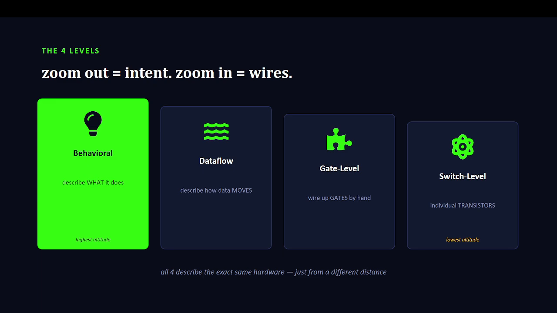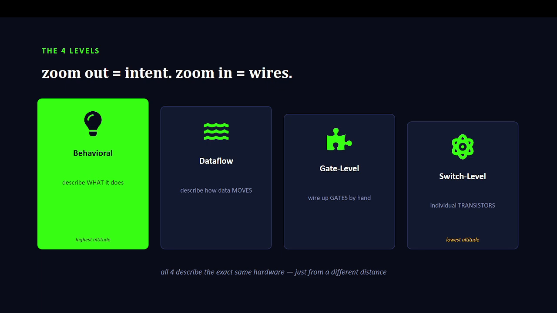No wires mentioned, no gates mentioned. Just: this thing does X. One click in, data flow. Now you are describing how the signals relate to each other using expressions. Think of this like writing an equation, Ohm's law style. Relationship between input and output.